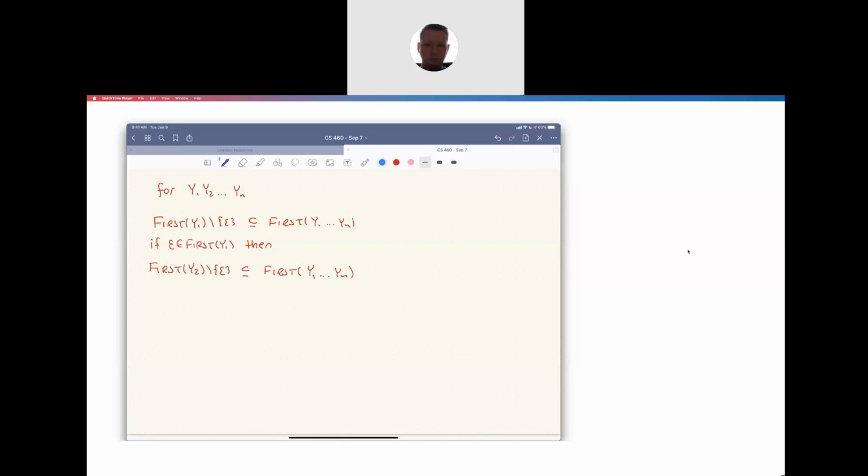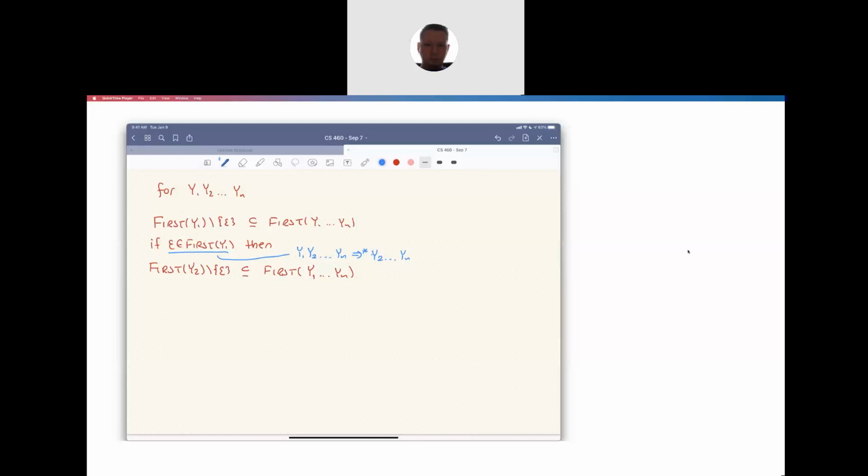And we can see that because if this is true, then if I start with y1, y2 dot dot dot yn, and I take a number of steps, and I use the fact that y1 can become epsilon, I end up with that. And clearly we now have to consider what set of terminals y2 can produce, because it is possible that the string generated from y1, y2 dot dot dot yn reduces to simply being y2 dot dot dot yn, because y1 produced epsilon.